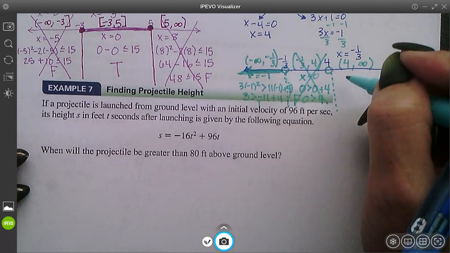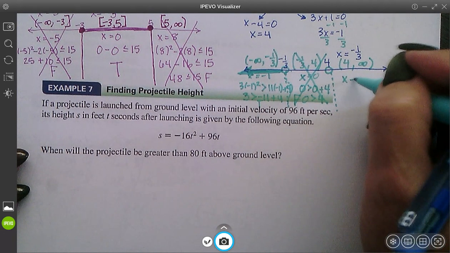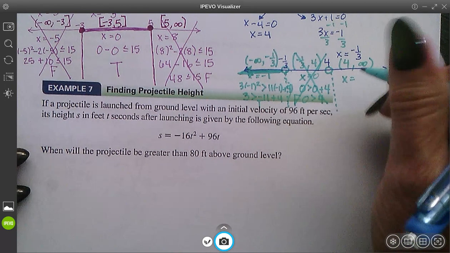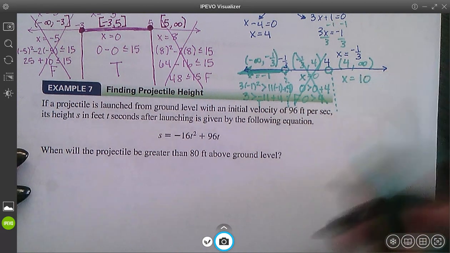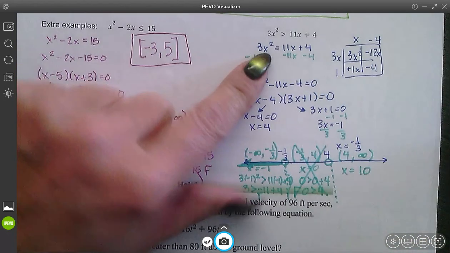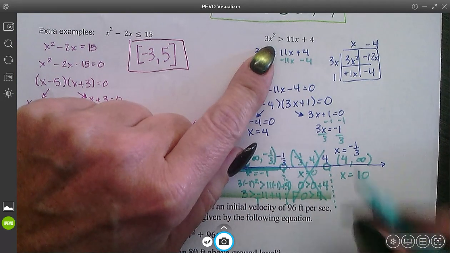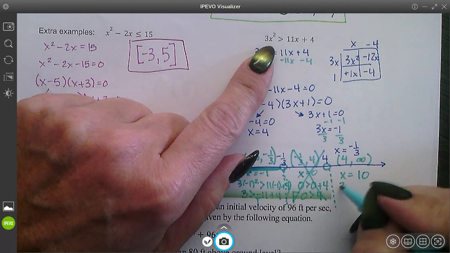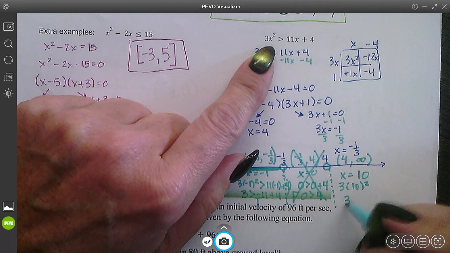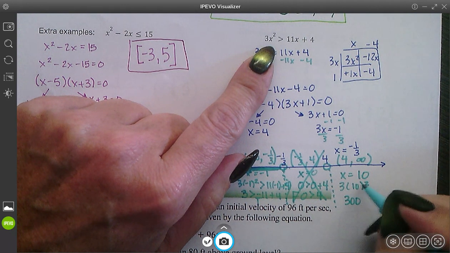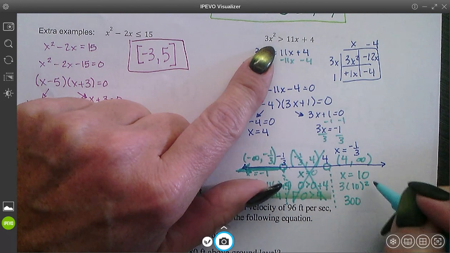And then pick a number bigger than 4, like 5 or 10 or 20 or 100. It doesn't matter. Pick your favorite number. 10 is an easy one because when I do 10 squared, I get 100. So 3 times 10 squared gives me 300.